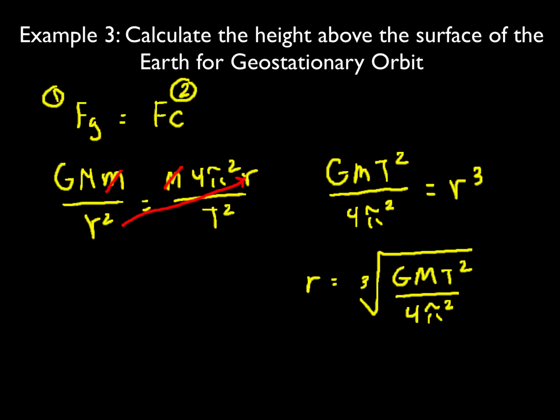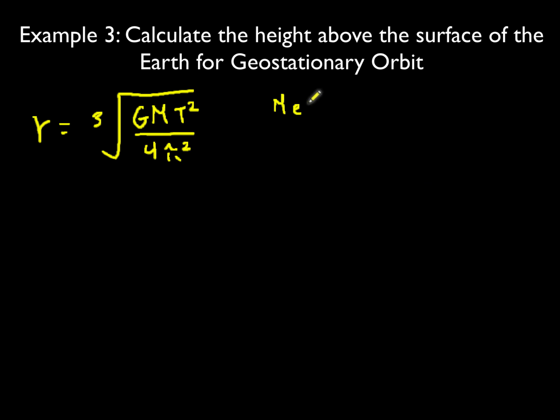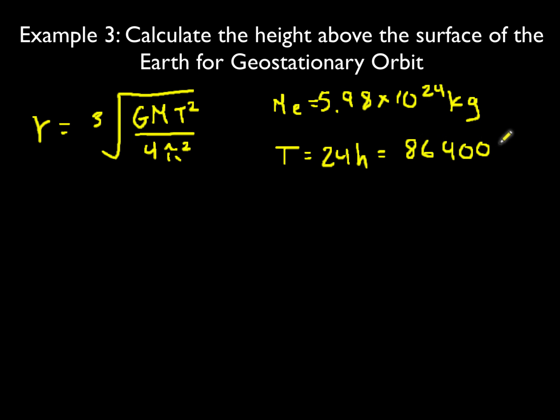Using this formula we've just derived, we can calculate the height for geostationary orbit for the Earth. The mass of the Earth is our M value. This is 5.98 times 10 to the 24 kilograms. And since we want the period of the Earth's rotation, we use 24 hours, which equals 86,400 seconds.